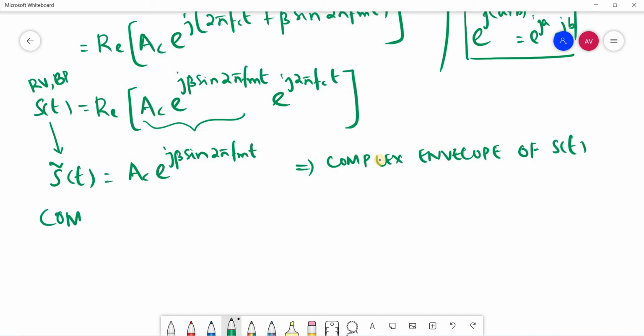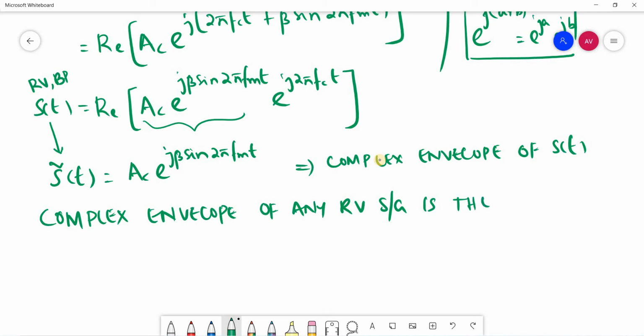You can note this down: the complex envelope of any real valued signal is the low pass equivalent of the signal.